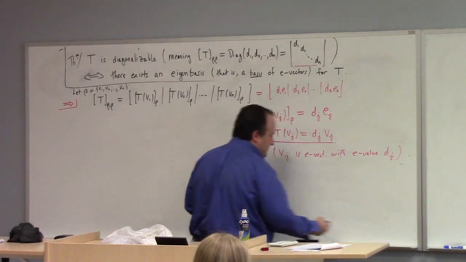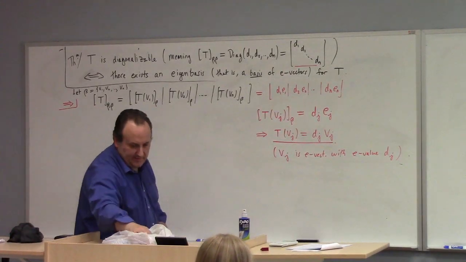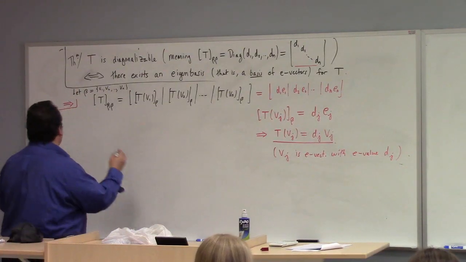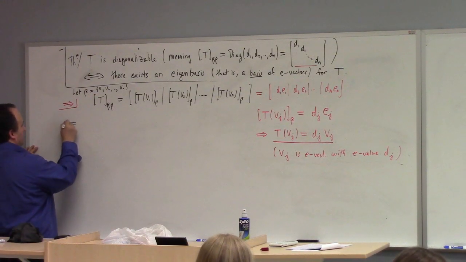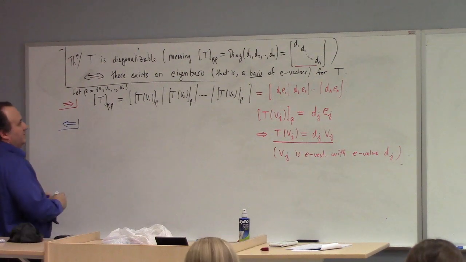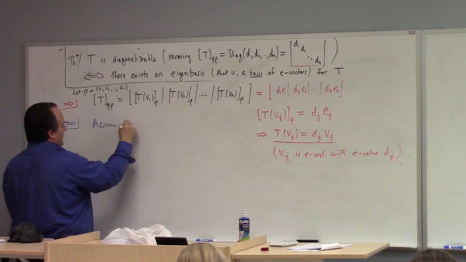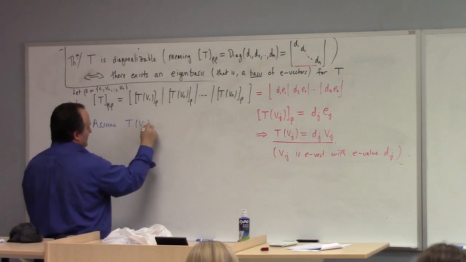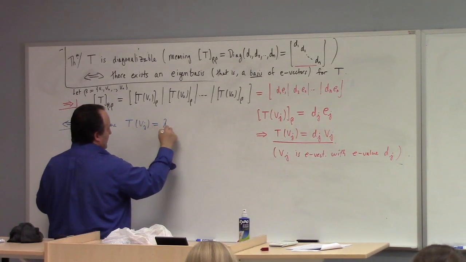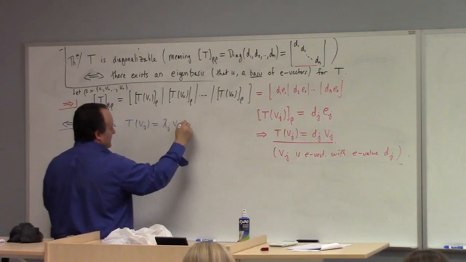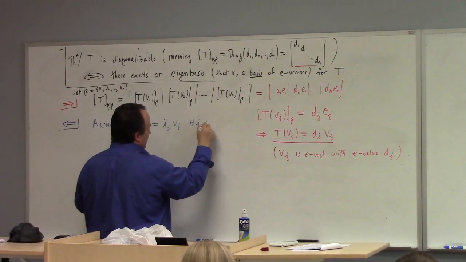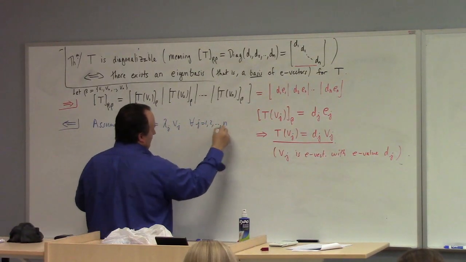Now the other direction, if I dare. So we're going to assume that T of Vj is equal to lambda j Vj for all j ranging from 1 to n.